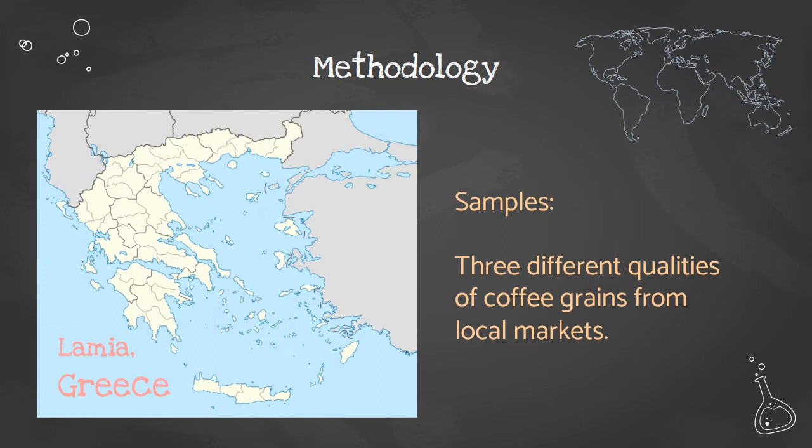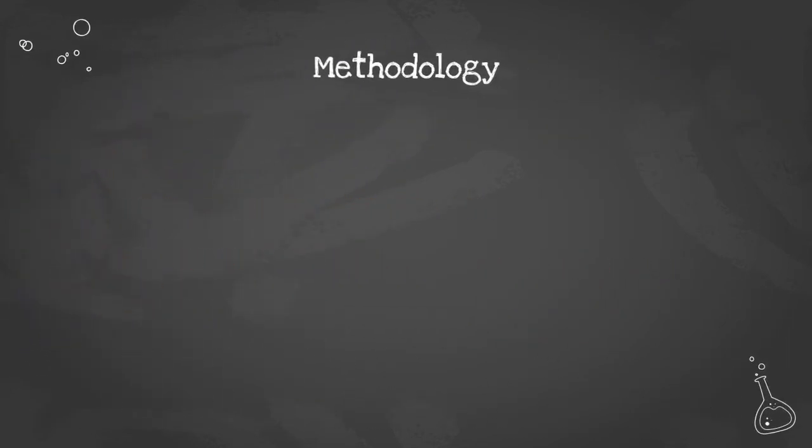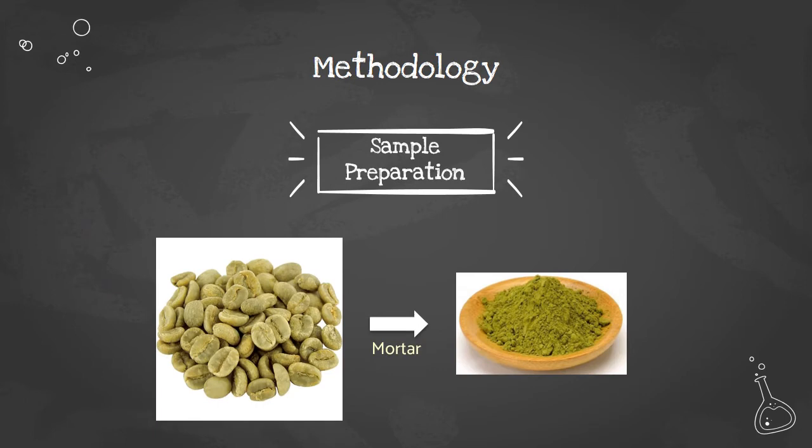To start the experiment, 3 different qualities of coffee grains were purchased from the local markets in Lamia, Greece. From each category, 3 different samples under the same brand name were purchased in order to estimate the average content of each sample. Samples were then homogenized in a mortar.